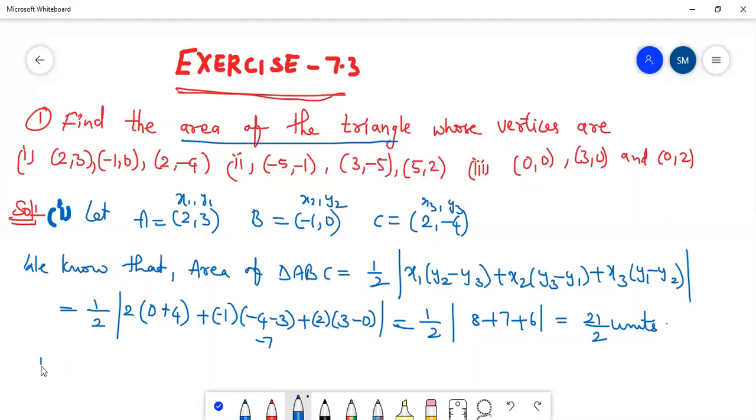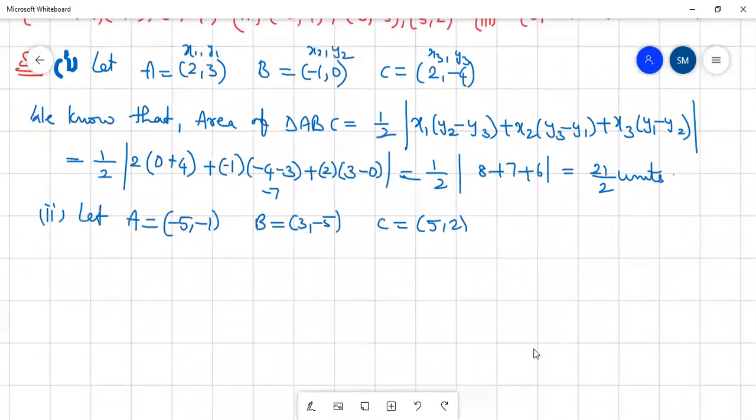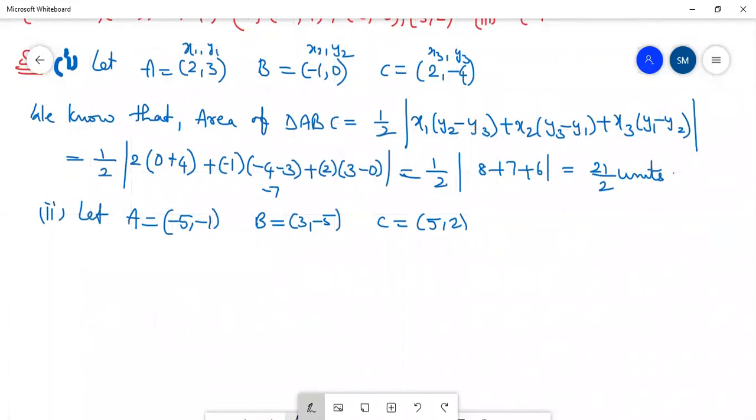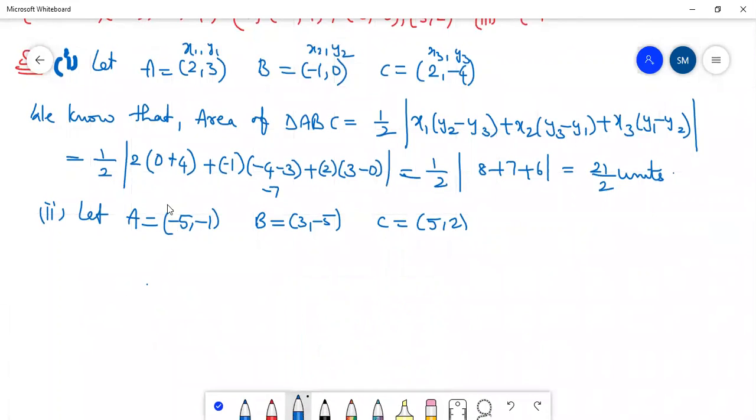For the second problem, similar to the first one, let A equal minus 5 comma minus 1, B equal 3 comma minus 5, C equal 5 comma 2. Here also it is x1 comma y1, x2 comma y2, x3 comma y3.